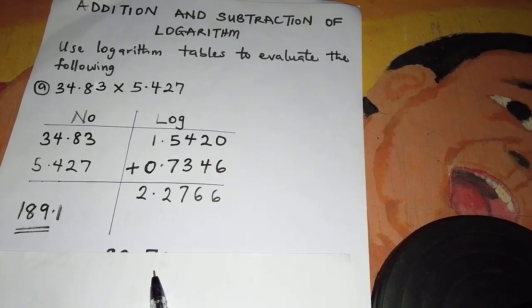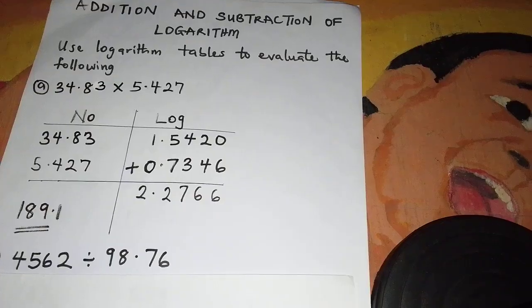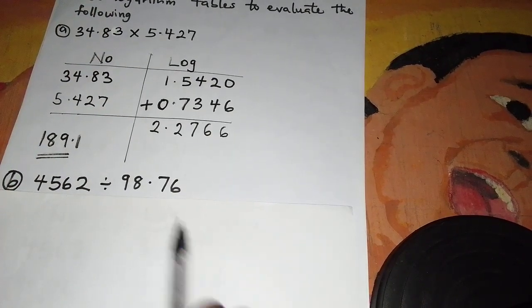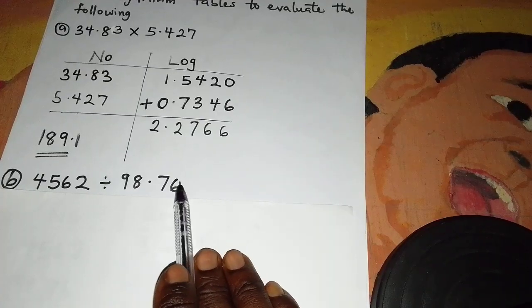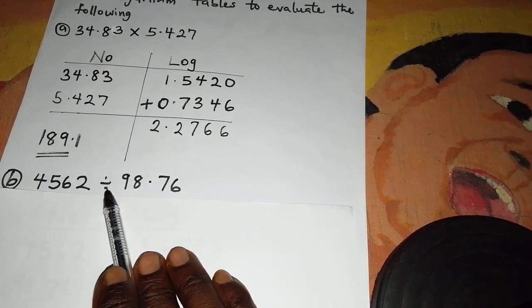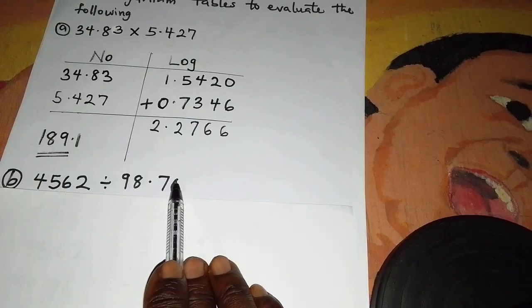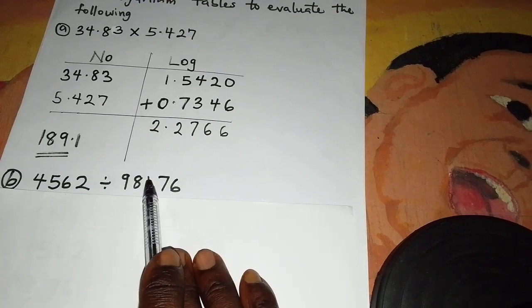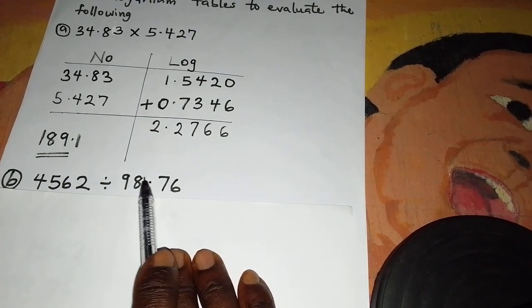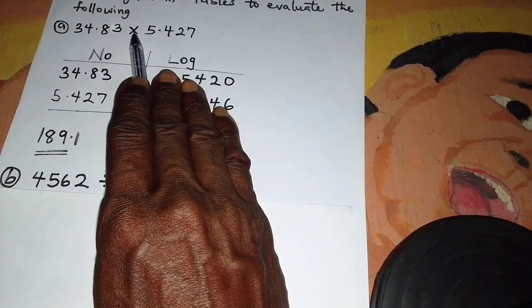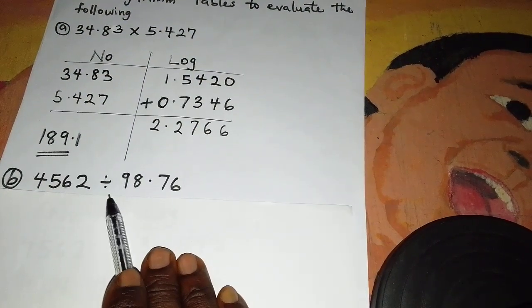On the other hand, if you are given division like this, 4562 divided by 98.76, after looking for their logarithms, you are to subtract. If it is multiplication, you add. If it is division, you subtract.